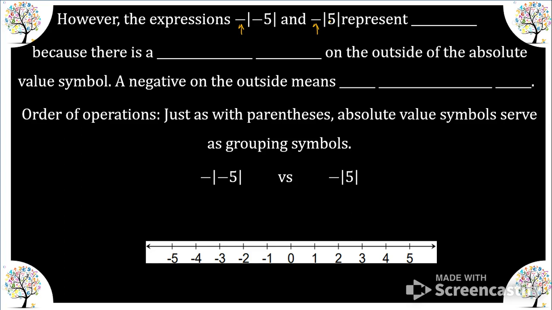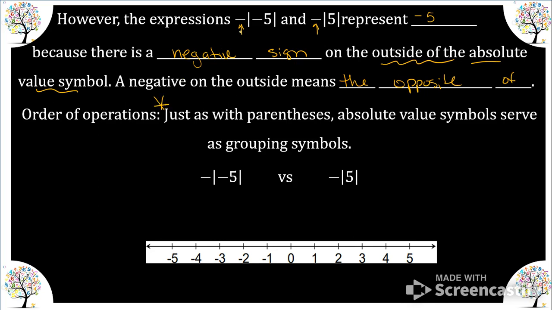So the expressions negative absolute value of -5, and the negative of the absolute value of 5, are going to be negative 5 because there is a negative sign on the outside of the absolute value symbol. A negative on the outside means the opposite of.